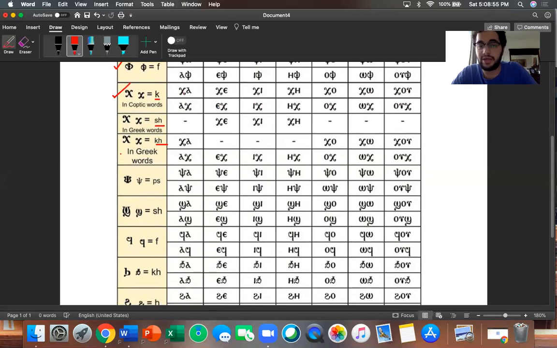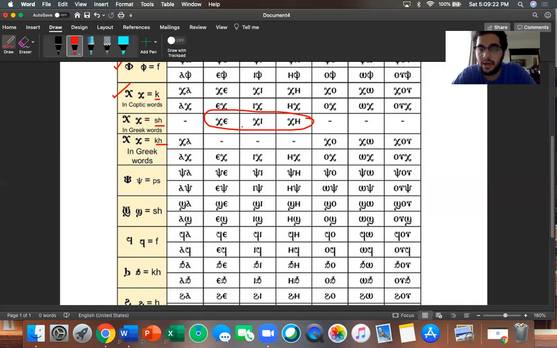So in Greek words, I apologize, when you have this letter, if it comes before an E, an iota, or an eta, it becomes a sh sound. So here you don't have the application of this letter with the alpha, the O, or the O epsilon combination. You only have it for these three here. These three become she, she.